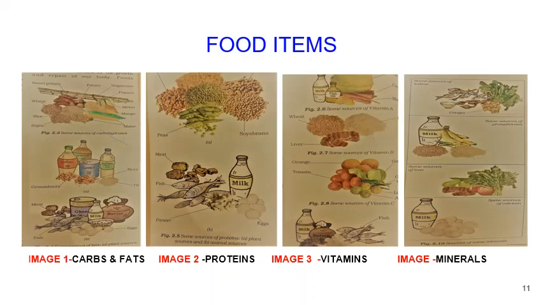What do food items contain? I have shown here 4 images. Now let us see image 1. Image 1 mostly shows foods containing carbohydrates and fats. This is the image showing sugarcane, wheat, rice, and then bajra, then mango fruit, then maize, then chilies, papaya plant, pomegranate, potato.